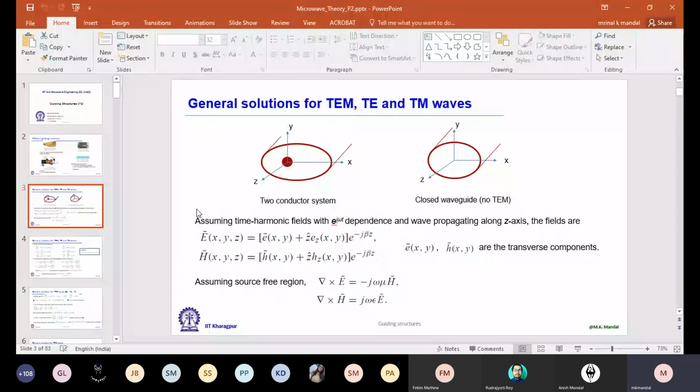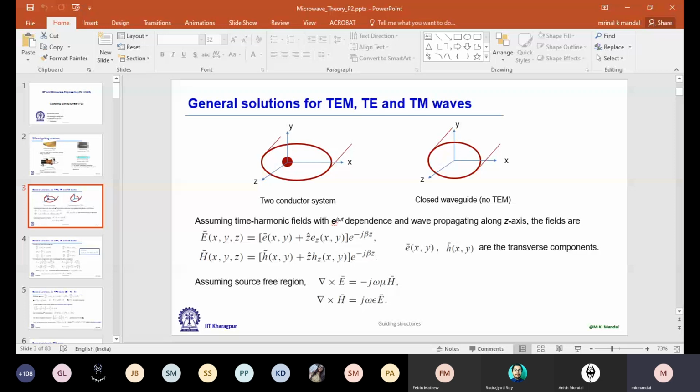Well, then what is the general technique? I'm again following the notations given in D. M. Pozar's book. And you see, we start from the wave equation. So the electric field and magnetic field, we can write down in terms of x, y, and z values. In the book, what he did was divide it into two components.